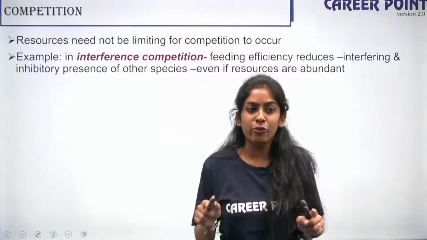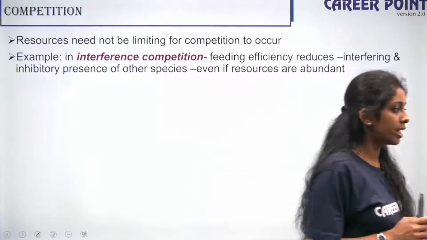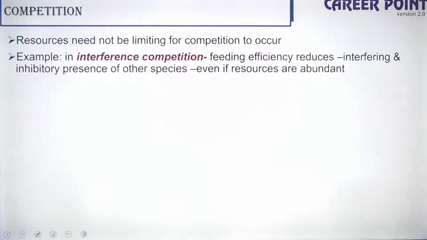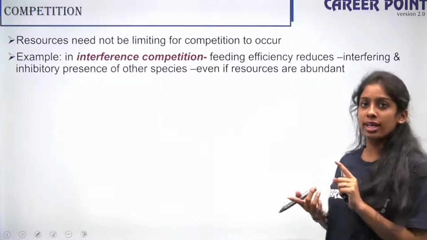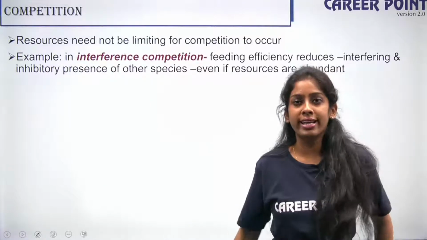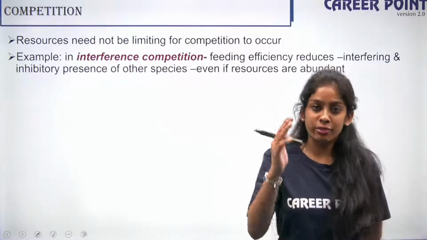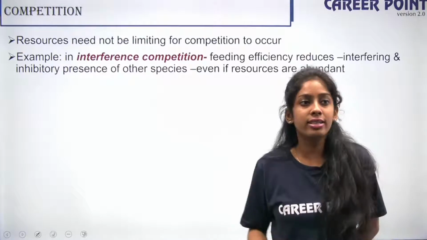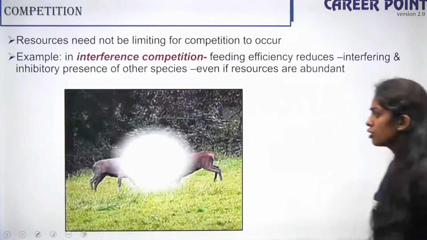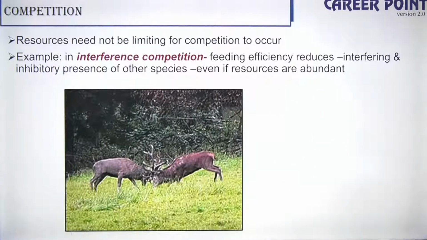For example, if you have two dogs, and one dog is trying to bully the other, it will never let the other dog eat at all. That is also interference competition. They are competing for the same food, though the resource is not limiting here, right? This is the example we spoke about.